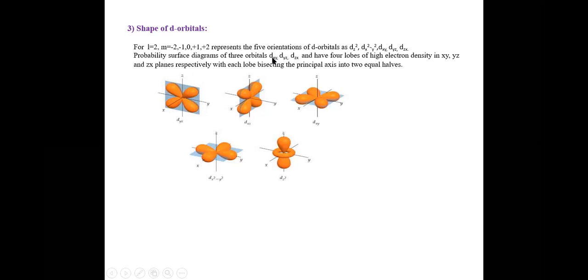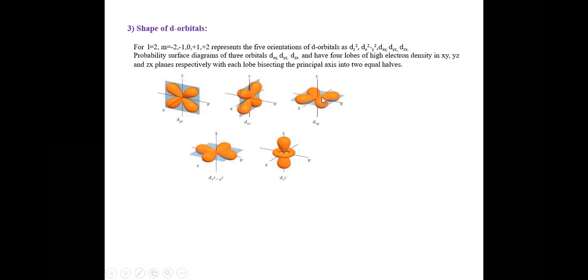For dxy, this is a dxy orbital, the electron density is high in the xy plane. This is the x axis and this is the y axis. The high electron density is in the xy plane for the dxy orbital, and the lobe will be bisecting the principal axis into two equal halves.